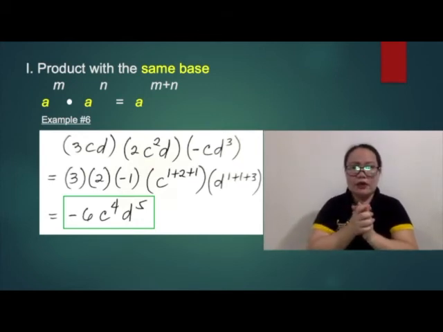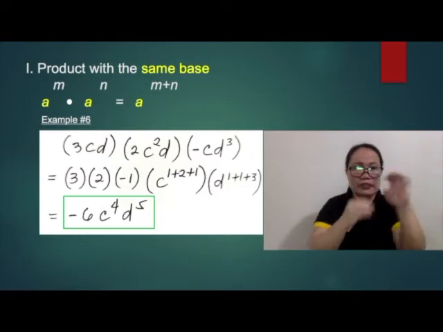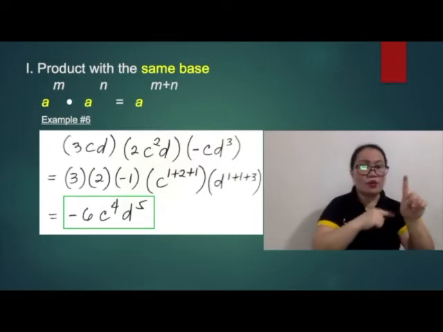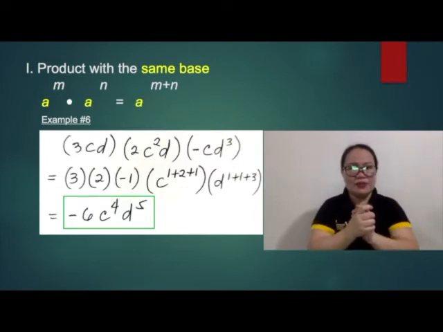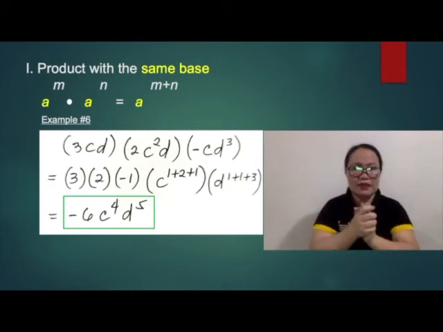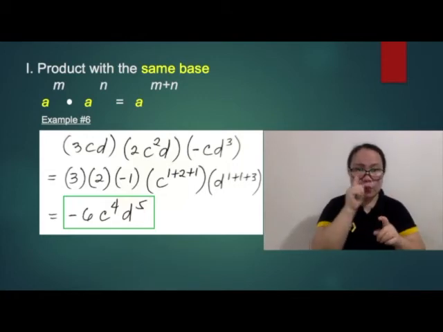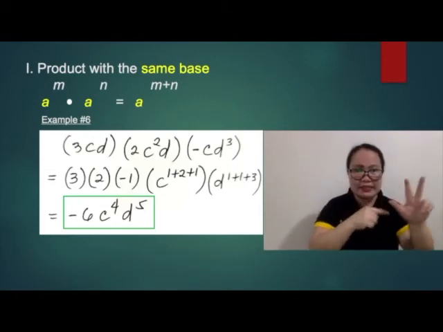And then for the c, add all the exponents of c: 1 plus 2 plus 1. And then for d, add up all its exponents: 1 plus 1 plus 3.